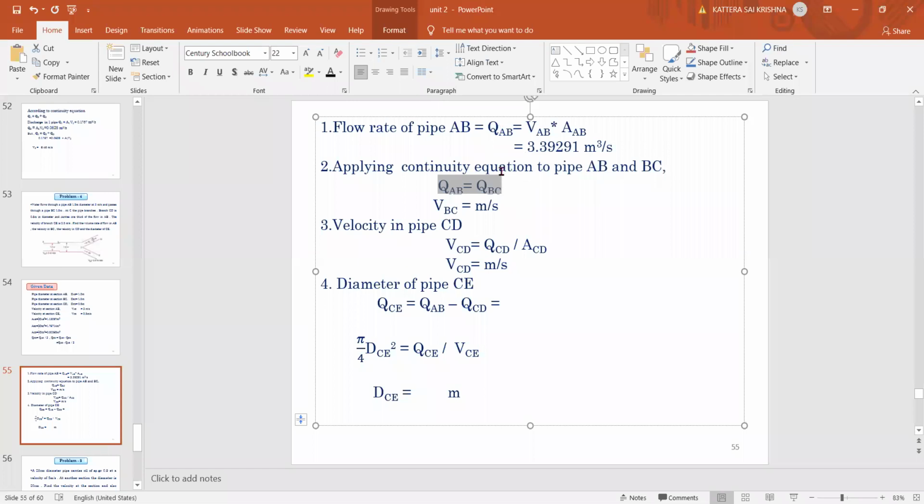You're considering only first two parts, AB and BC. So from this, you need to find VBC. What is QAB? Already we have the value here. So QBC you can write as ABC into VBC. So from that, VBC equal to QAB by ABC. So you'll get your VBC value.